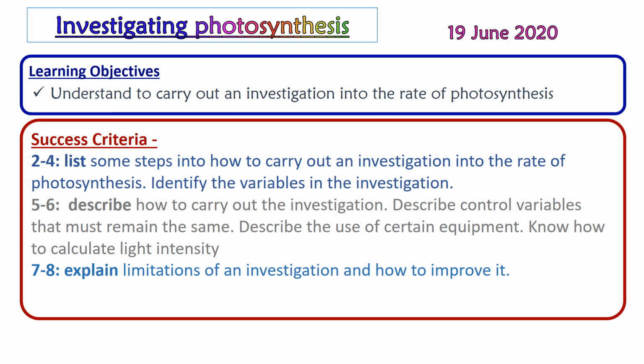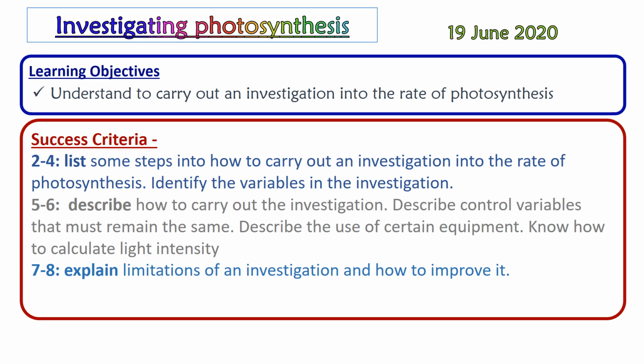For 7 to 8, we need to be able to explain limitations of an investigation. So that was looking at the assumptions that were made about the size of the bubble and that it's oxygen, and also give suggestions on how you can improve it, basically an evaluation. So things like using a gas syringe to measure the volume of gas as opposed to the number of bubbles.